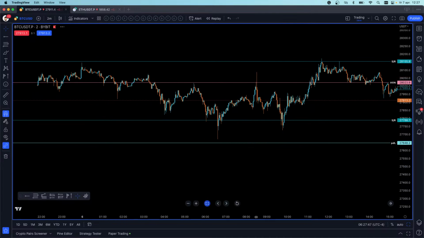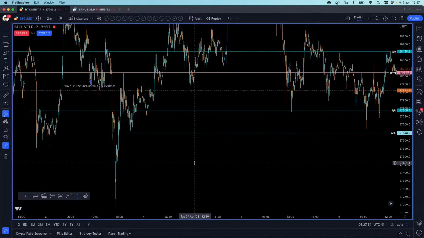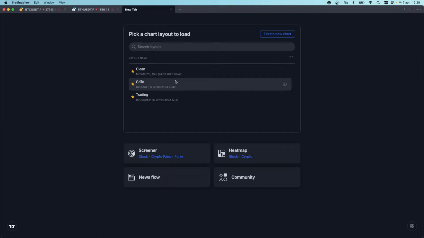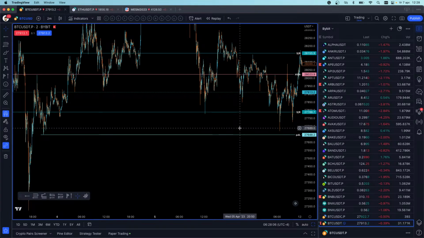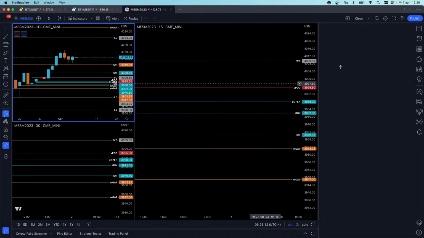Executions. Right, I need to go on the chart that I've actually traded. Because I'm on the USD chart and I want to start with a clean chart, but I have to look on the BTC USD chart where I've made all my trades.